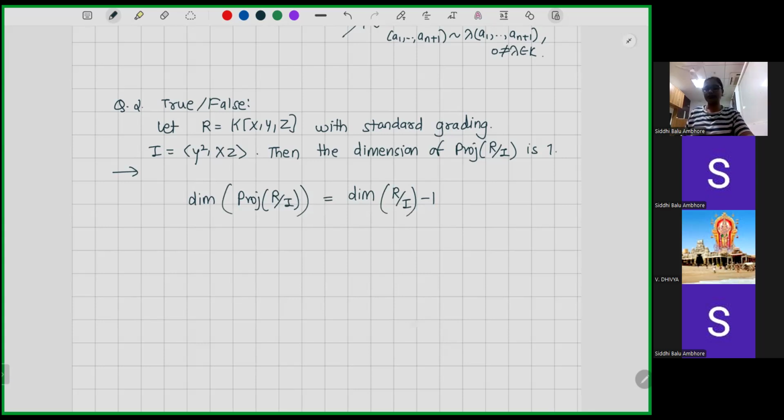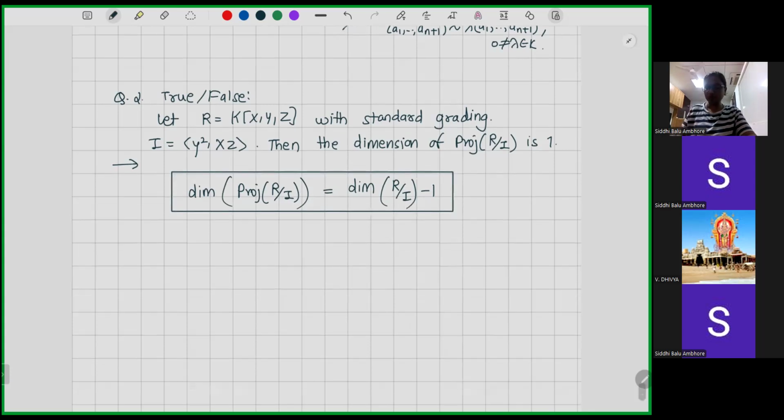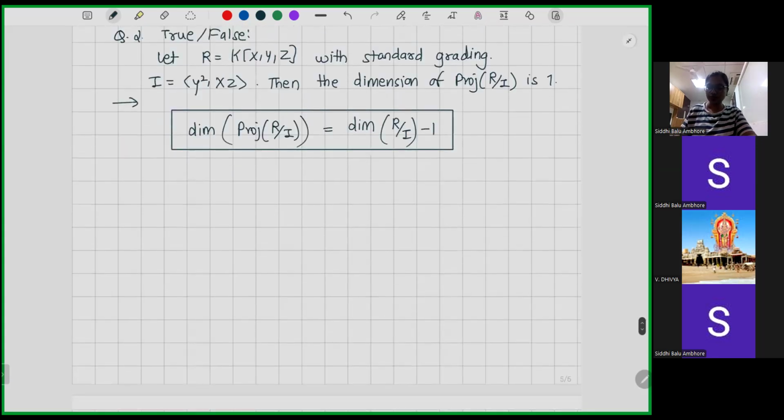Okay, this is true in general. So we will be using this, or we can also find the dimension of R/I directly.